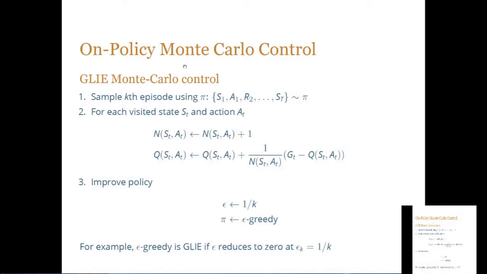So now we have a method that is actually applicable to more realistic problems. We still need to store all state-action pairs, which might be unfeasible in real scenarios, but it is shown to converge to the optimal value function, and then it is shown to produce the optimal policy.